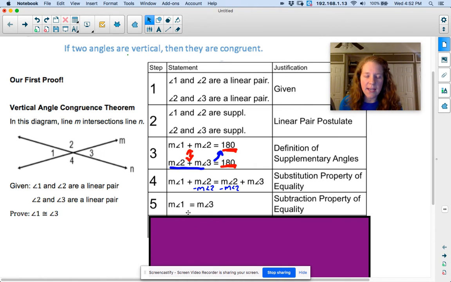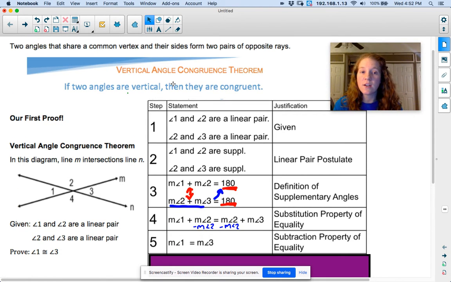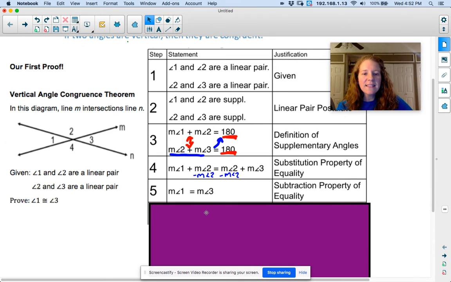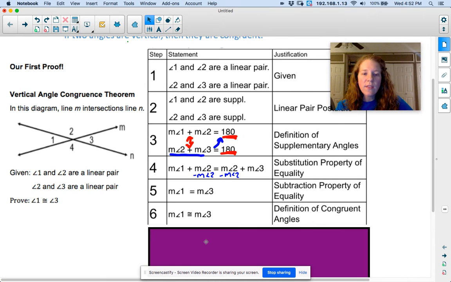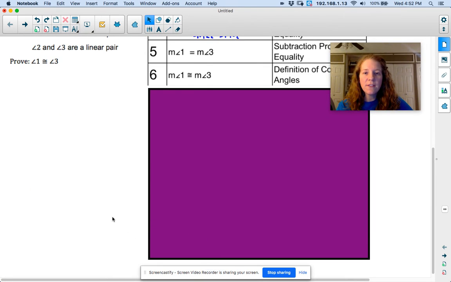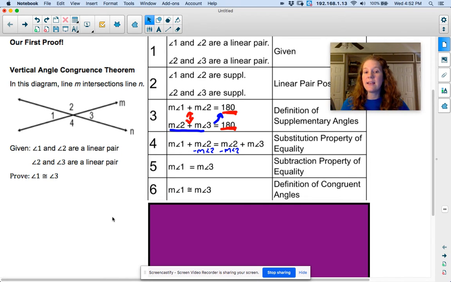And I'm almost done, except remember, we're trying to prove the vertical angle congruence theorem, which says that they are congruent, not equal. And while we know that those are very similar ideas, they're not identical. So my last step is going to say, if I know that the measures are equal, then I know that they're congruent because the definition of congruent angles says if two measures are the same, then they are congruent.